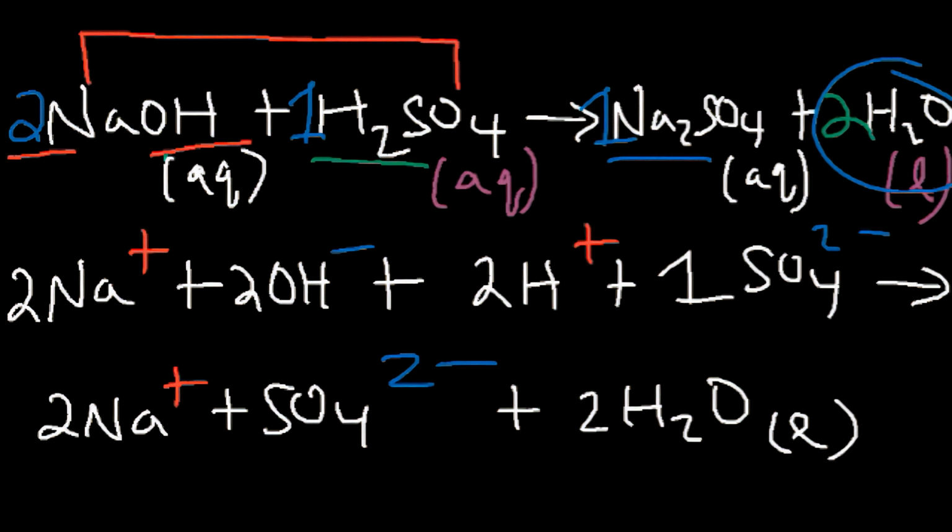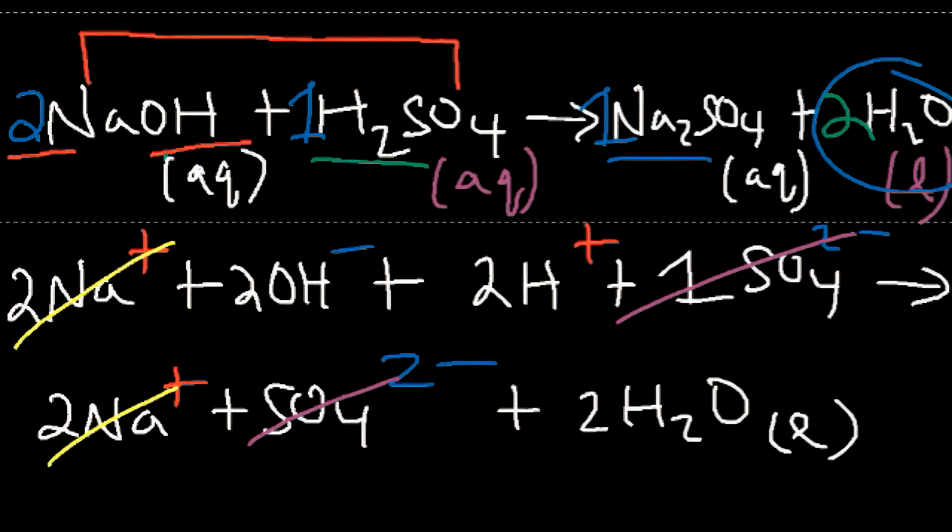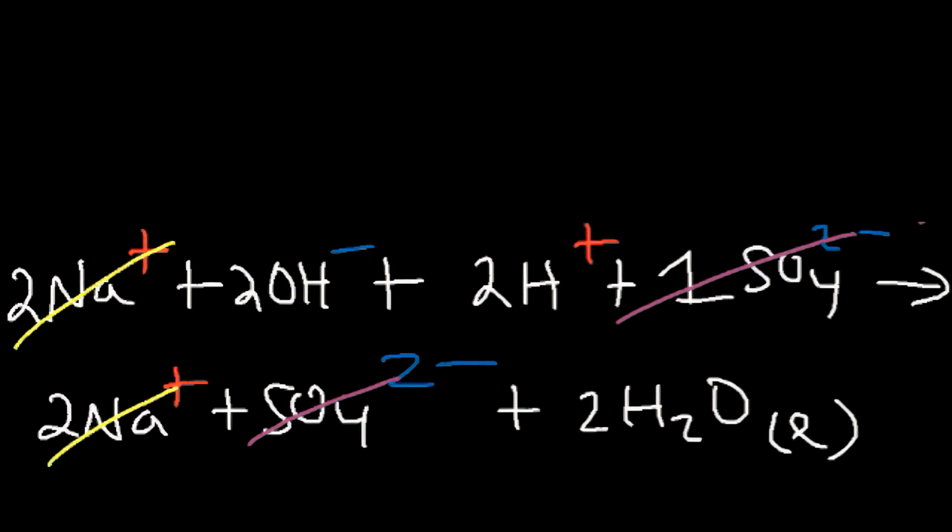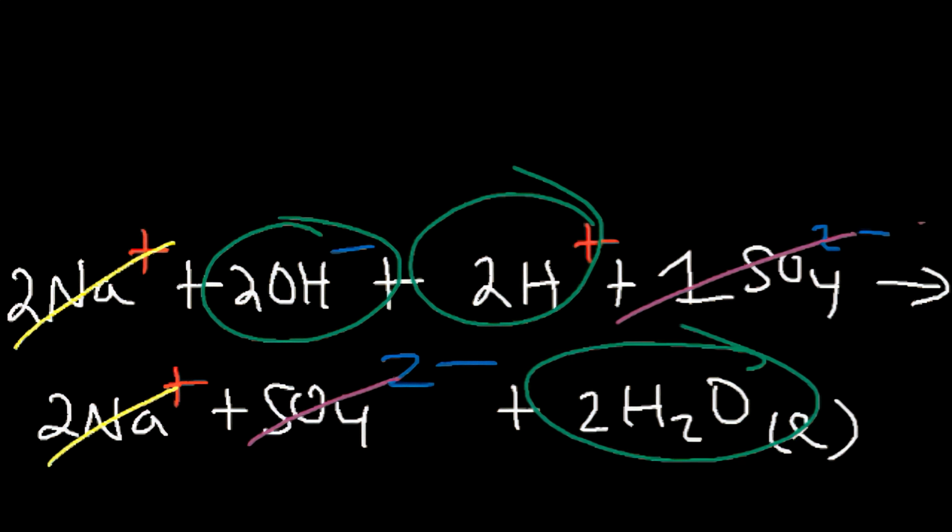So what are the spectator ions in this total ionic equation? Which ions look exactly the same on both sides? That's sodium, and so now we can write the net ionic equation. But notice that we have two hydroxides, 2H+, two water molecules. So every coefficient is 2.